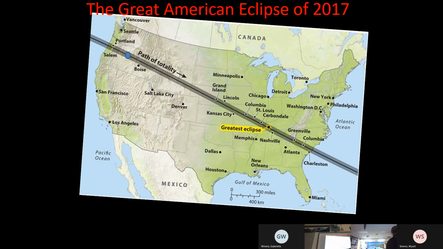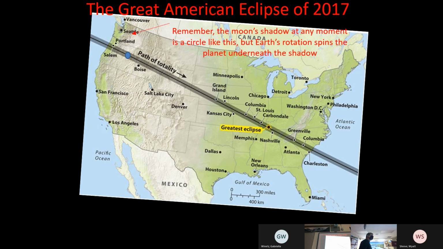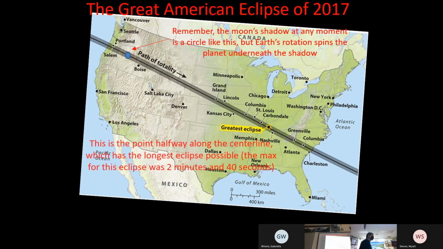That was going to be the longest eclipse, which for this one, I think was like 2 minutes and 40 seconds. Not as long as the one I saw in Baja. But this is about where I was up there in Oregon. But remember, the moon's shadow is moving, kind of like this. Because Earth's rotation is spinning, the moon's shadow ends up looking something like that, moving along the Earth.